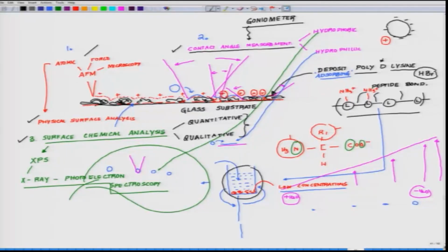This is what is believed. In the initial phases, it is purely an electrostatic interaction, and this electrostatic interaction helps the cell to settle down at a substrate.